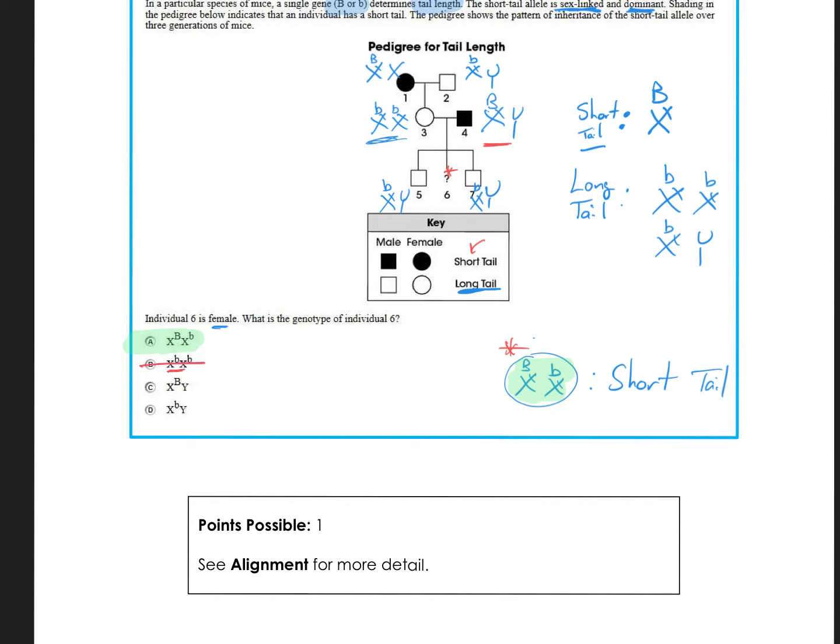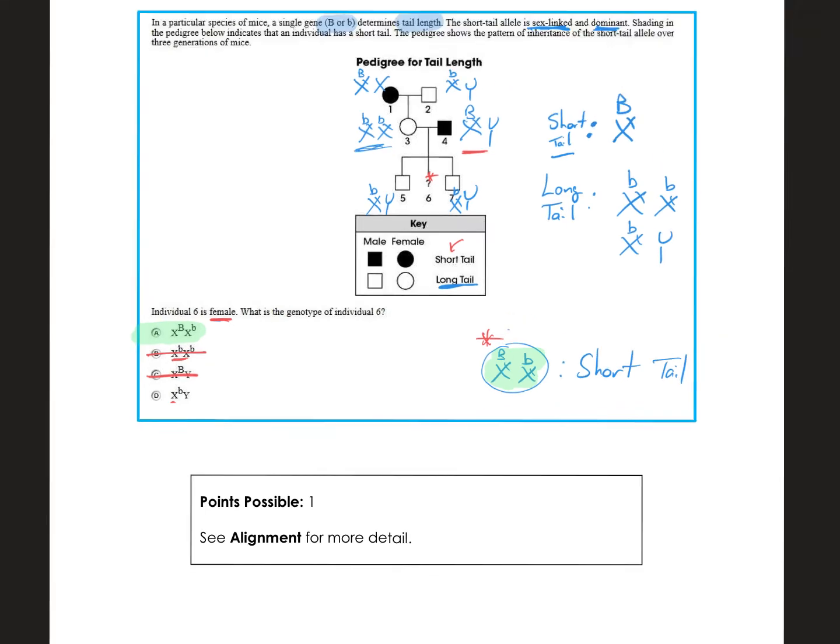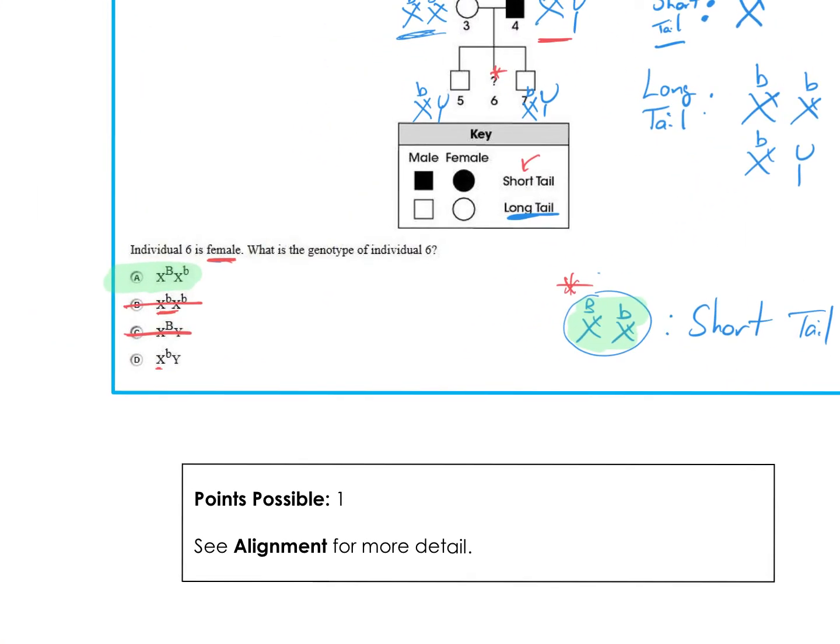X big B Y. Is that possible? Well, no, because they said it's a female, and we know female is XX, so that's not possible. X little b Y. Well, you could have got the X little b from mom, sure, but the Y will make this mouse a male, and we know it's a female because they tell you it's a female.